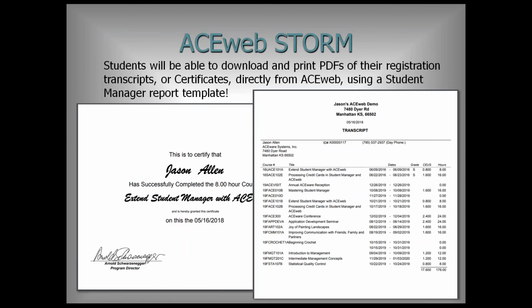It allows them to go into their history and, depending on which option you have enabled, or if you have both options enabled, get PDFs and either print them out or save them of their transcript as well as certificates. Now you can choose on a course-by-course basis which courses you want to be included on the transcript and also which ones you want them to be able to print certificates for.